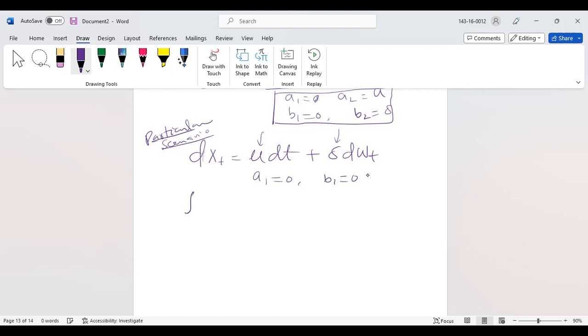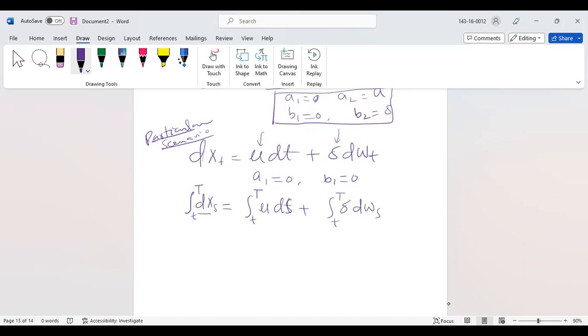Now integrating matters: from where to where are we integrating? We want to integrate it from 0 to t, or from t naught to t. So for the moment, let's integrate it from t to capital T: the integral of dXs equals the integral from t to capital T of mu ds, plus the integral from t to capital T of sigma dWs.